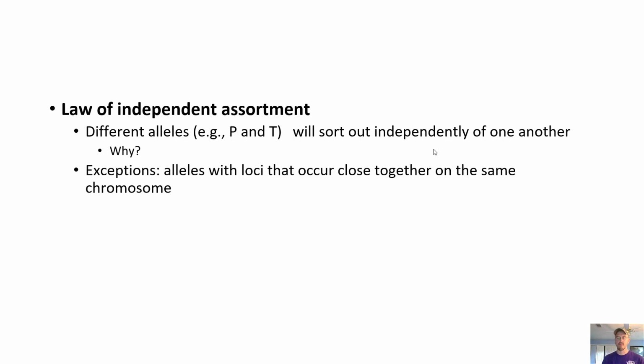But what Mendel comes up with after his experiments is called the law of independent assortment. What we would say now is that different alleles sort out independently of one another. So in this case, being purple and being tall, those are both dominant traits, but they are inherited independently. Why?